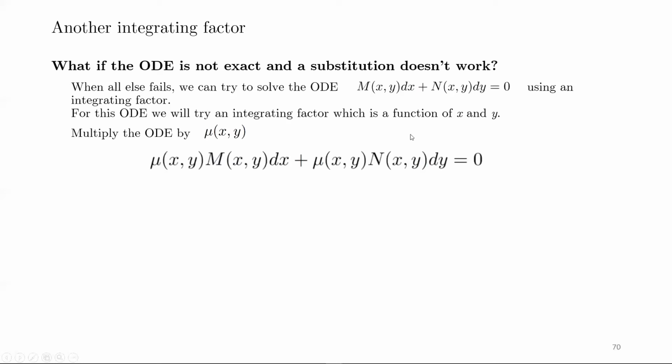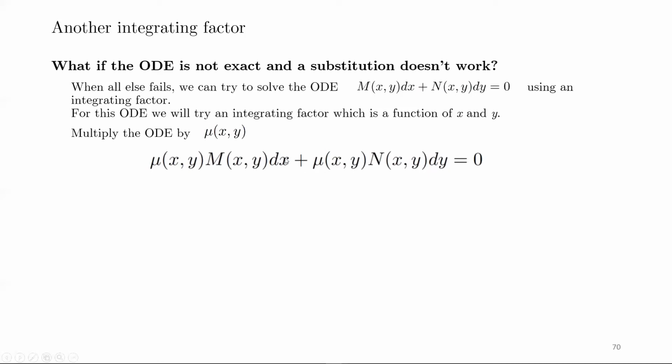If I multiply that to the ODE, I get mu times M dx plus mu times N dy equals 0. Okay, and I'm saying if by multiplying by this mu, perhaps this new equation is exact.